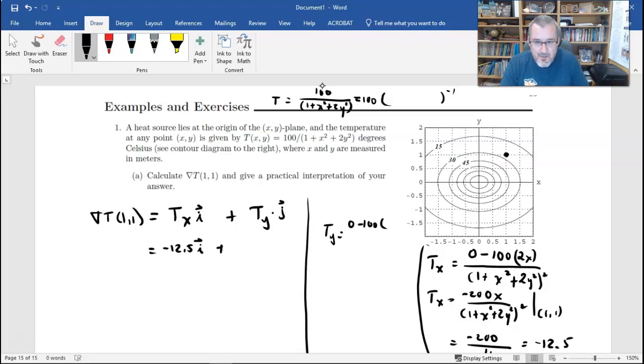Now the derivative of the low, 1 plus x squared plus 2y squared, is going to be 4y. I'm just pausing to see if you track with me there. You see the plus 4y, all over the square of what's below. And so simplified, we've got a negative 400y all over that denominator squared.